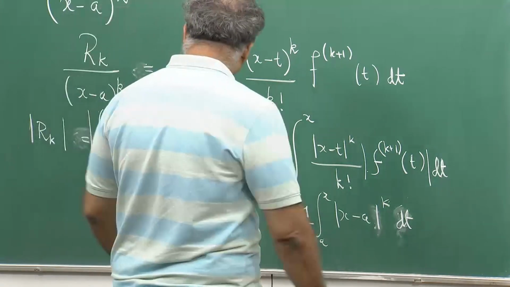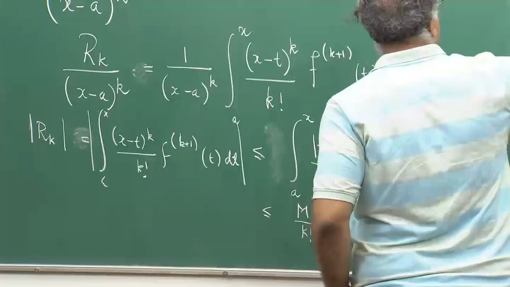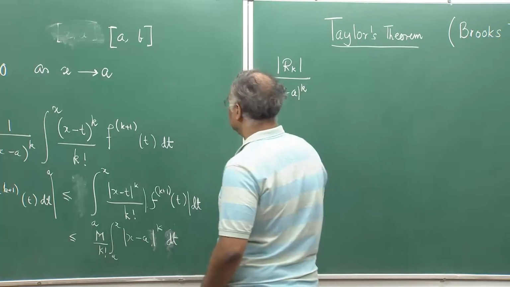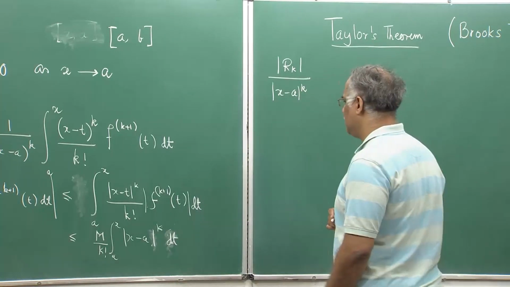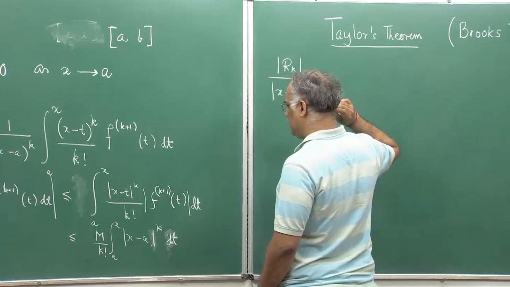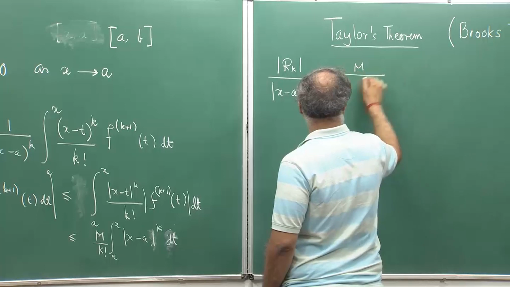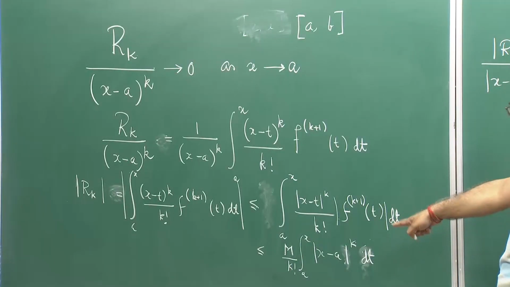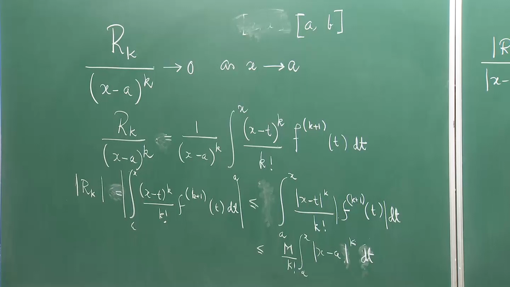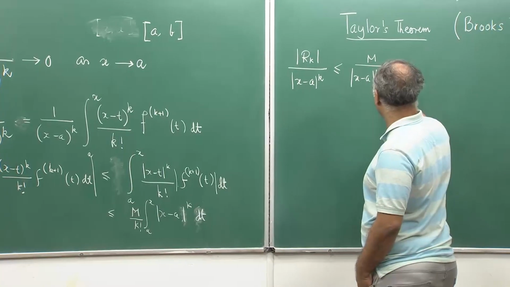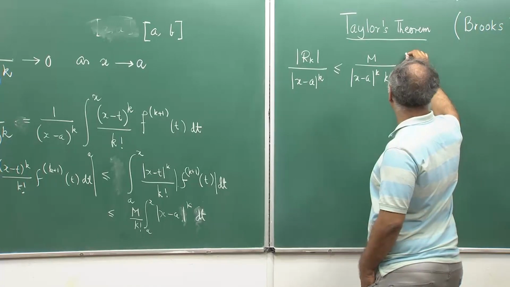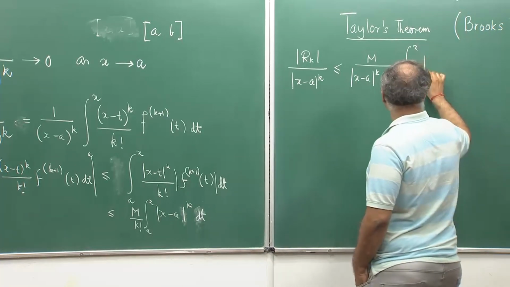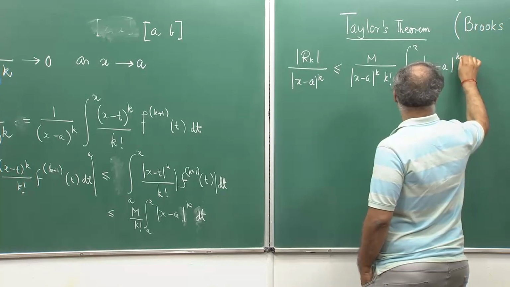Now you divide this by (x minus a)^k, so what you do is take the modulus of R_k over (x minus a)^k, and this is less than M over the modulus of (x minus a)^k times the integral of the remaining factor dt.